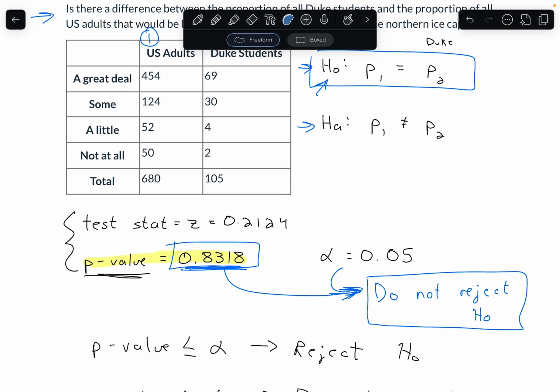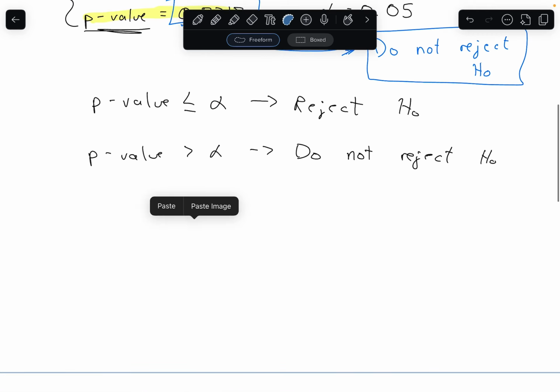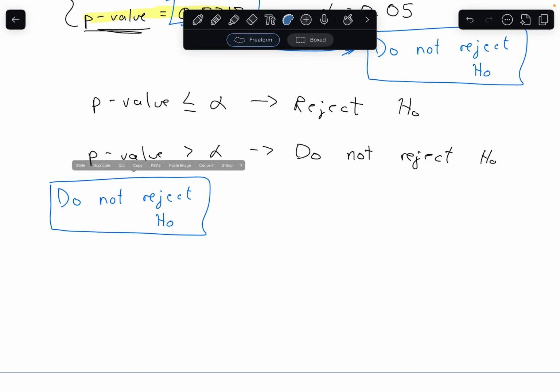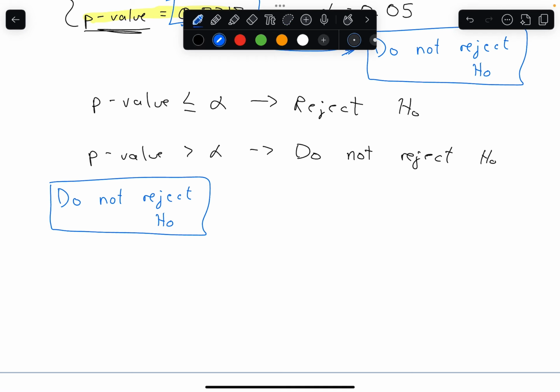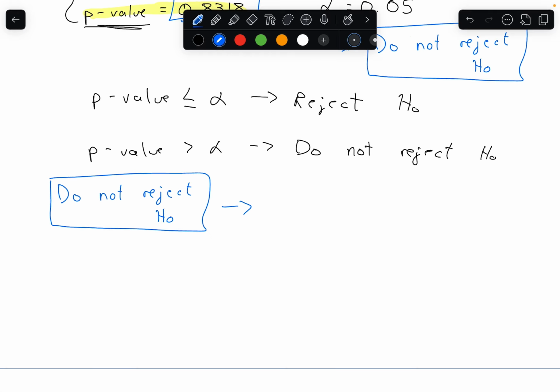The decision and the interpretation of that decision are basically the same, as we've seen. We said already our decision was to not reject H naught, and if I was going to talk about that decision, if I do not reject H naught, that means that there's not enough evidence to support the alternative hypothesis. So we said do not reject H naught.